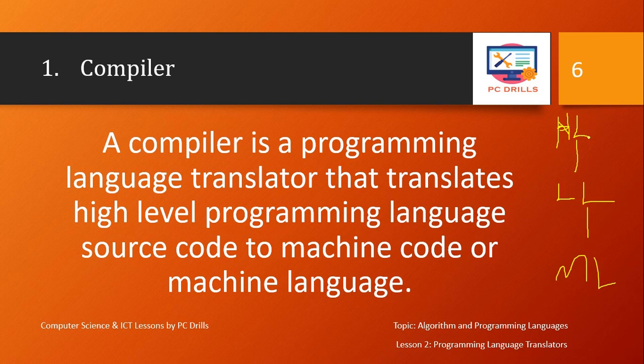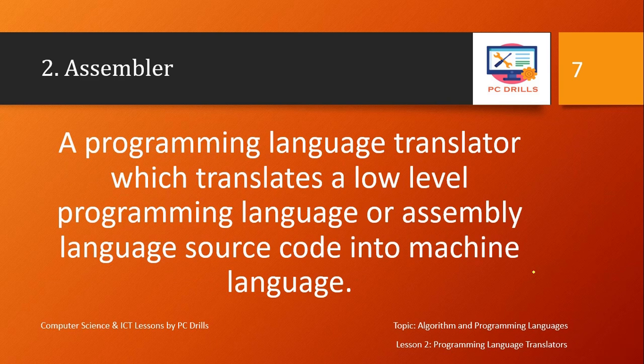So at this level, when we say the compiler translates high-level programming language into machine language, it means that if you write code in a high-level language, for the computer to be able to understand what you have written, you need to translate it with the help of a compiler.